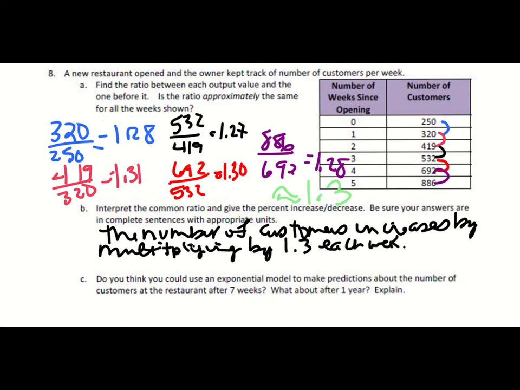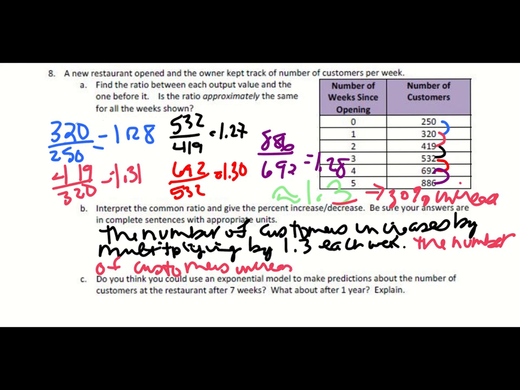And then it says give the percent increase or decrease. So if it's a 0.3, that's a 30% increase. Customers increases 30% each week.